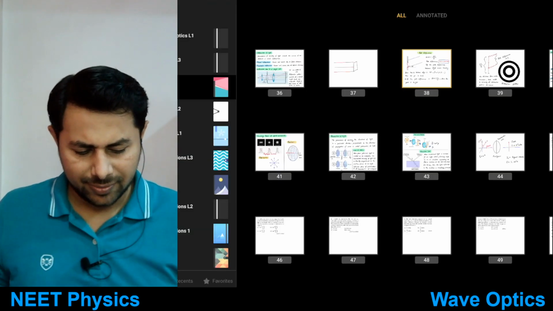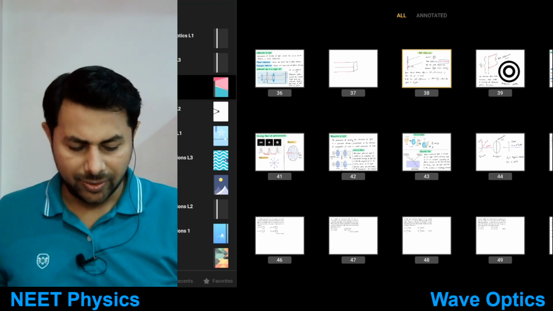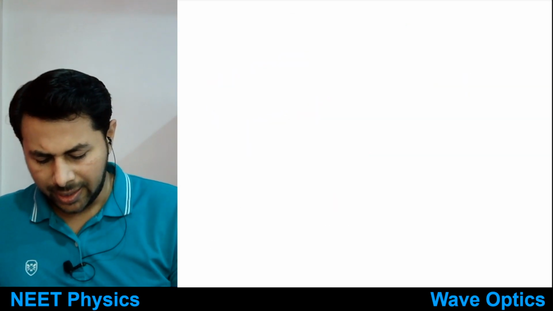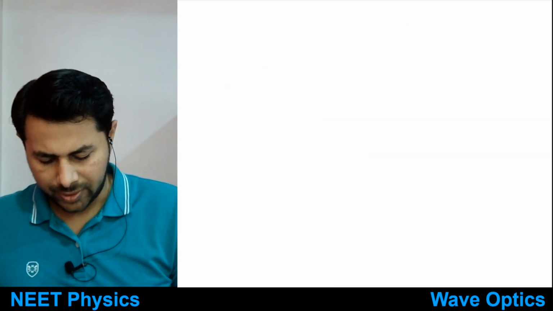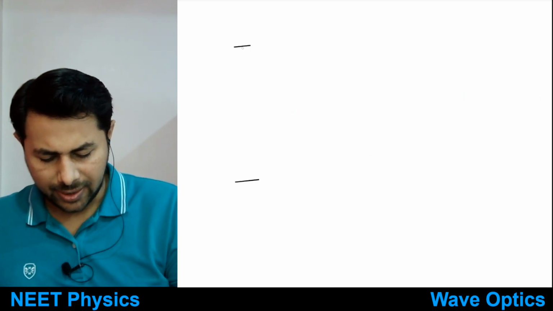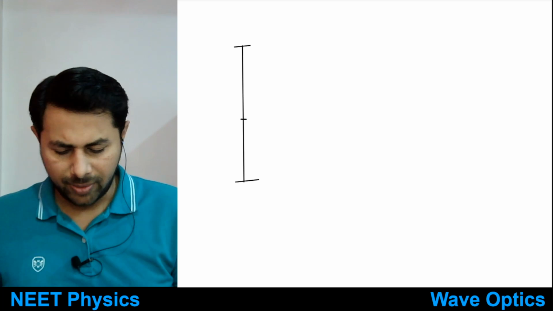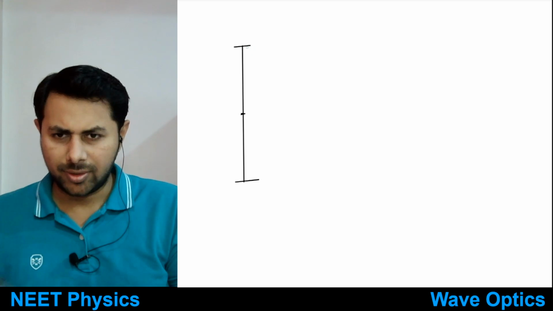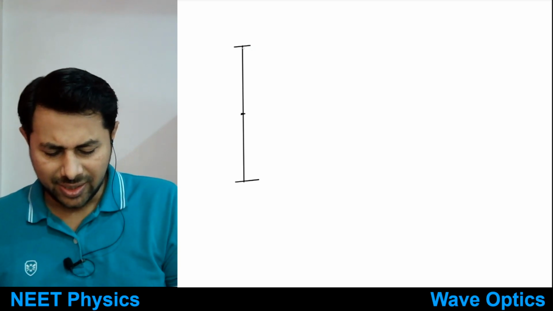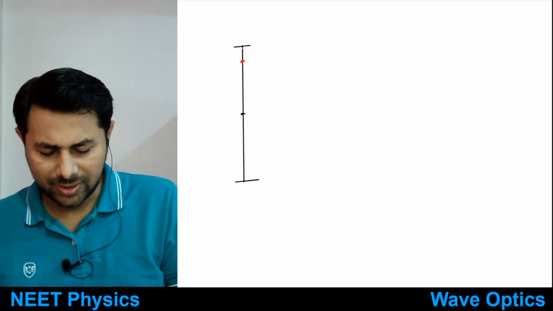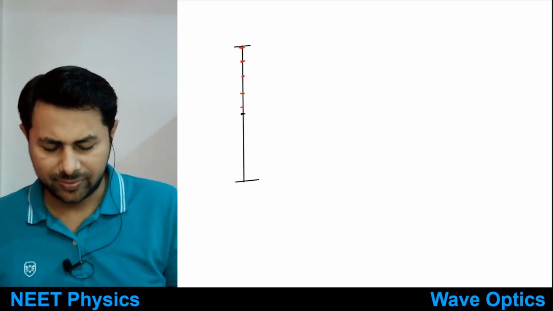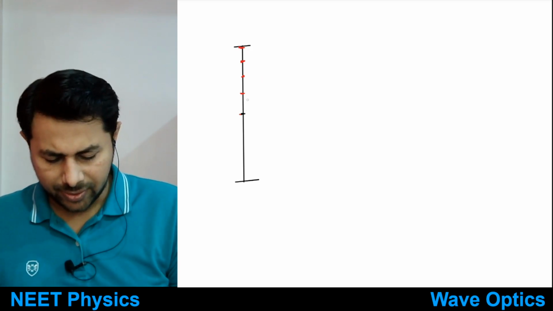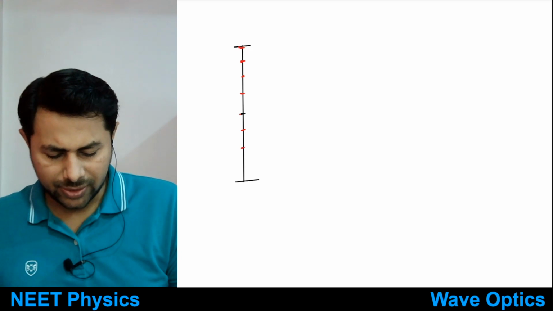So what we can do is imagine that there are n number of sources. Let's say there are 100 sources, or for simplicity let's take 5 sources in the upper half, 1 2 3 4 5, and they would be symmetrically placed, so 5 sources in the upper half and 5 sources in the lower half.